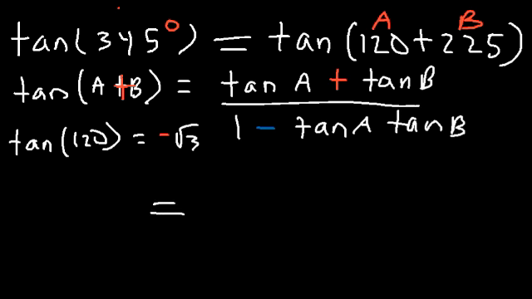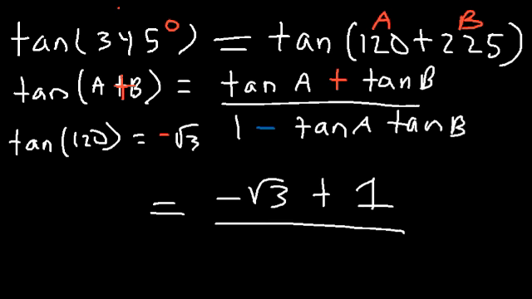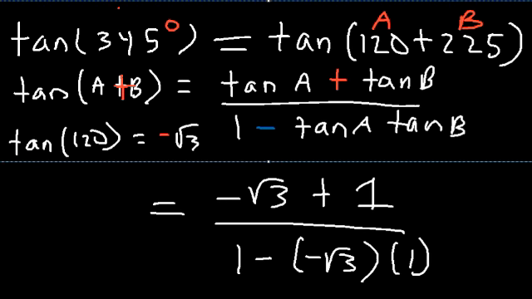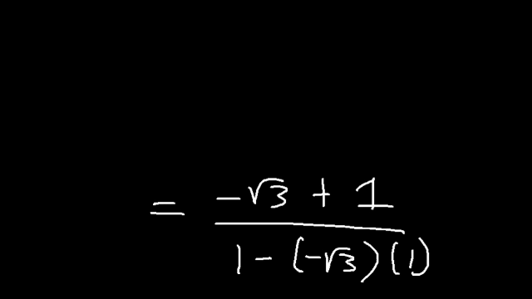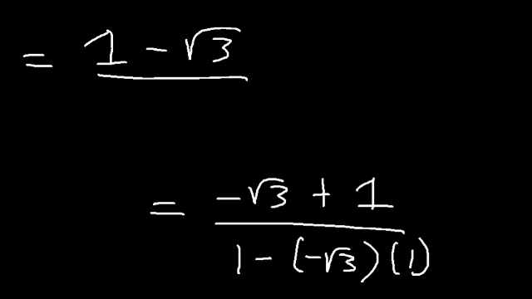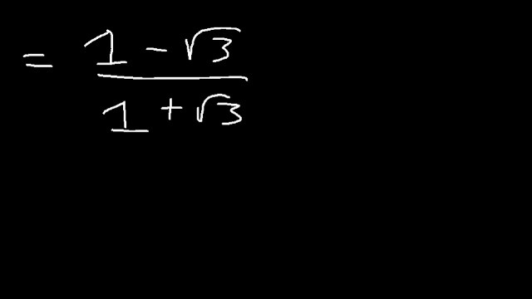Tan A, or tangent 120, is negative root 3. Tangent B, or tangent 225, is positive 1, divided by 1 minus tan A, which is negative root 3, times tan B, which is 1. So this is the same as 1 minus root 3, and on the bottom we have two negatives, so that's 1 plus root 3. Now, we don't have any complex fractions to deal with.